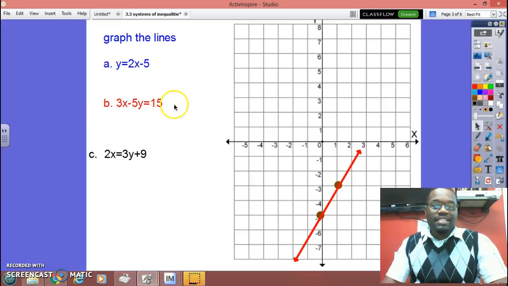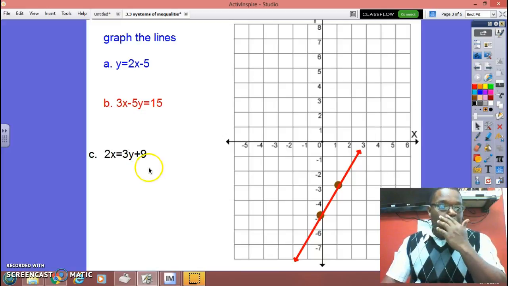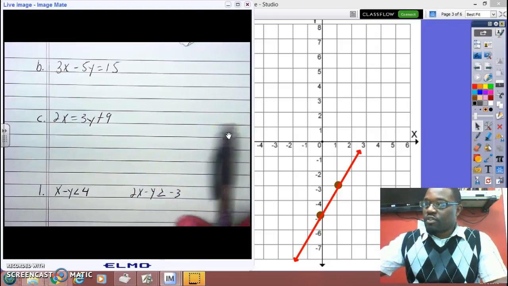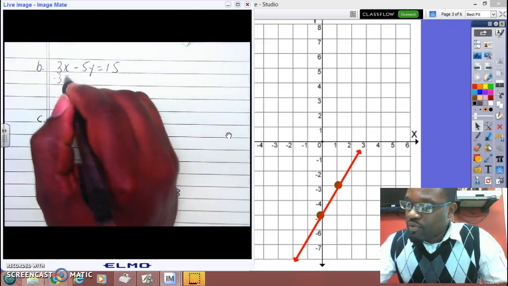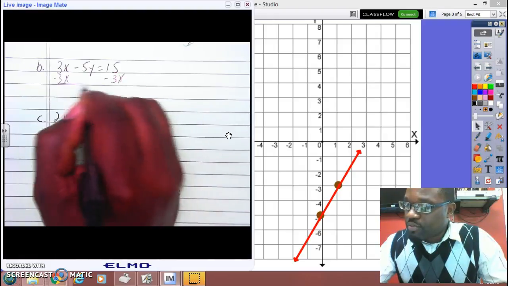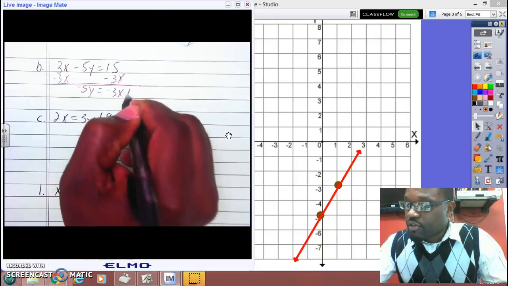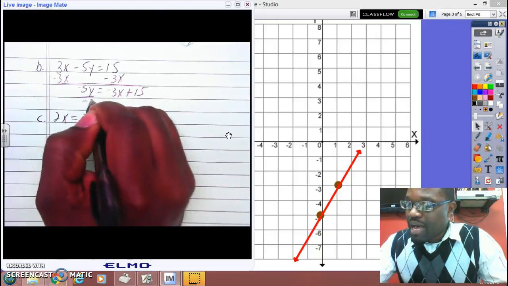Look at B. B asked us to graph 3x minus 5y equals 15. And in order to do that, I need to do a little bit of work first. So I'm going to put this in the proper form so that I can graph. What's the proper form? Slope-intercept. That's correct. I heard you. You said it with your mind.